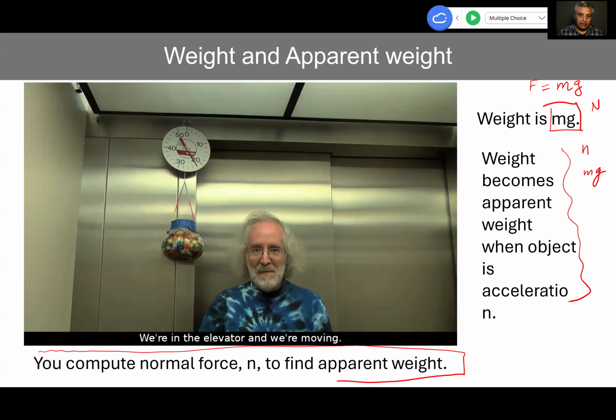When an elevator is accelerating, you will see the needle deflect a little bit, and you want to pay attention, is it deflecting towards larger than that 22 or smaller than 22? You can type smaller or larger, whatever you see.